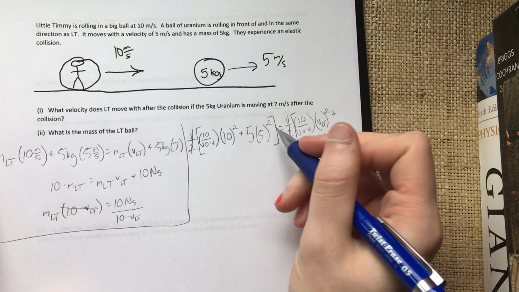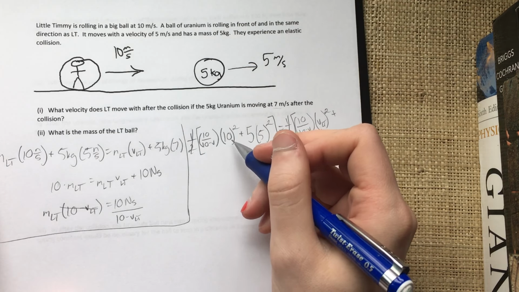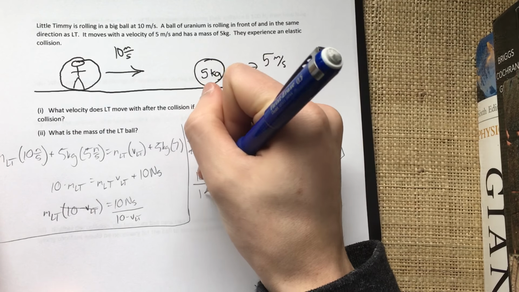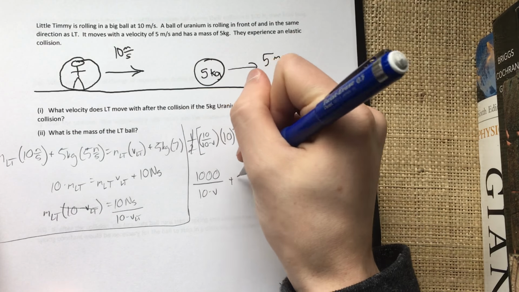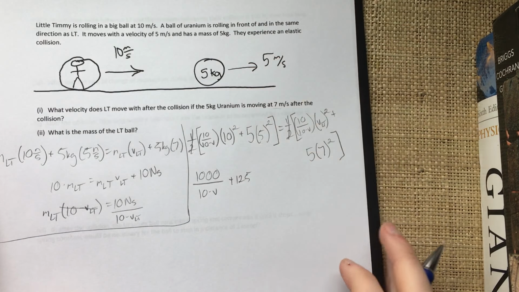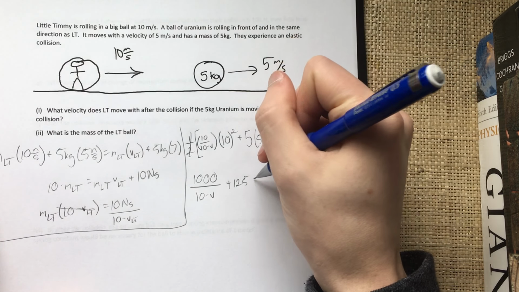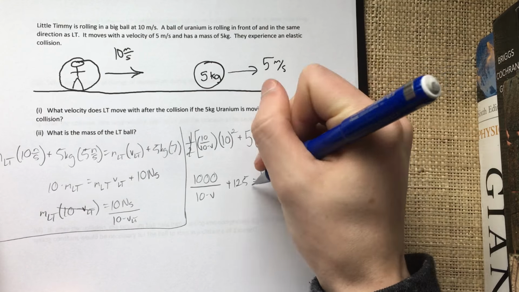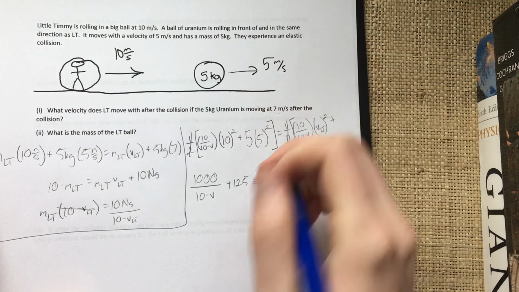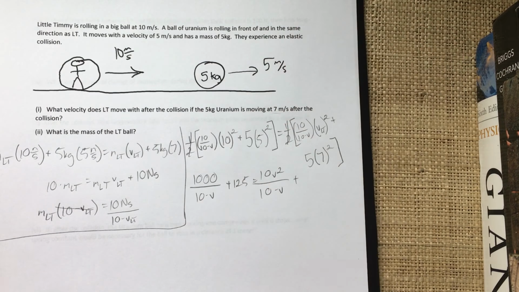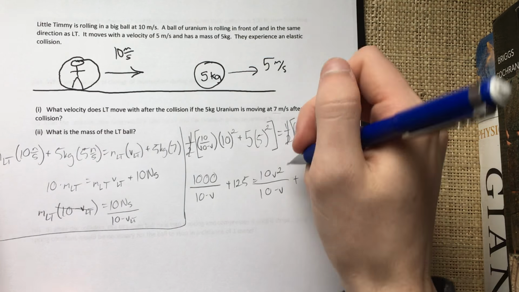Multiplying this out, 125 here, and then 1,000 over 10 minus V here, plus 125, and then that equals 10V squared over 10 minus V on this side, plus 5 times 49 is 245.